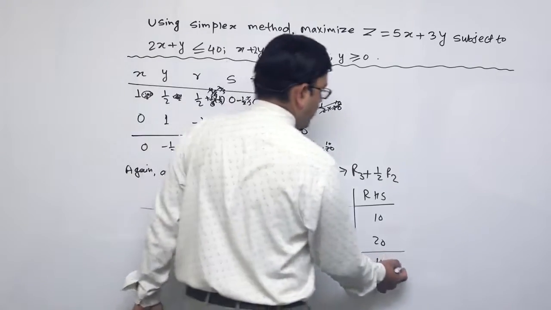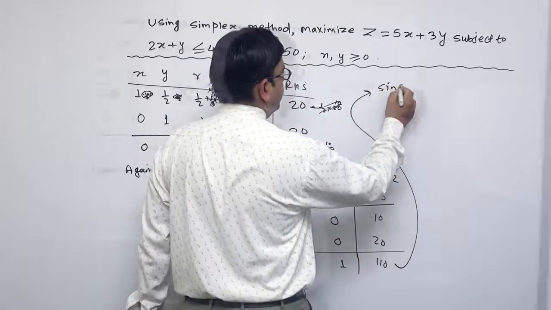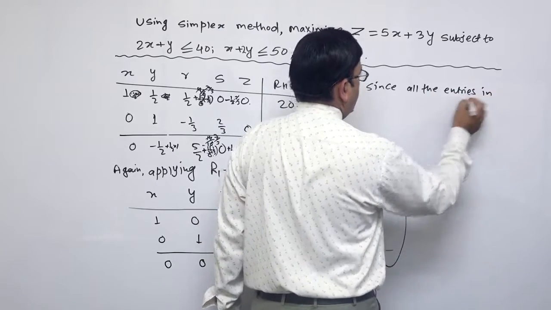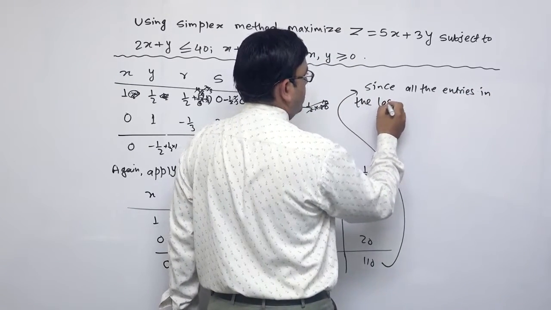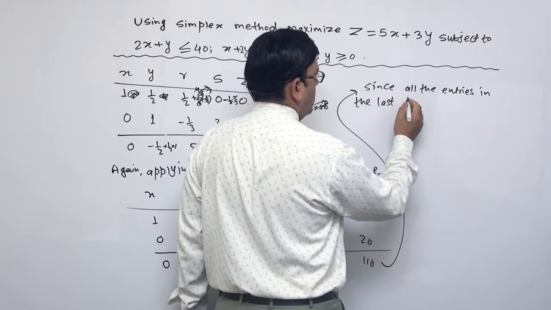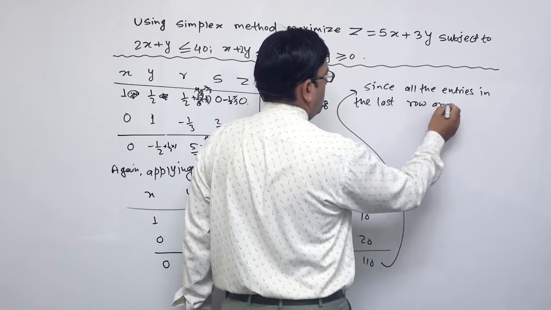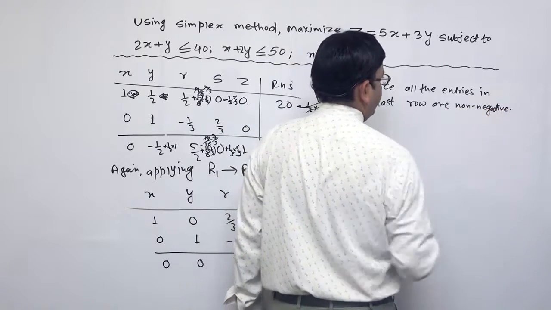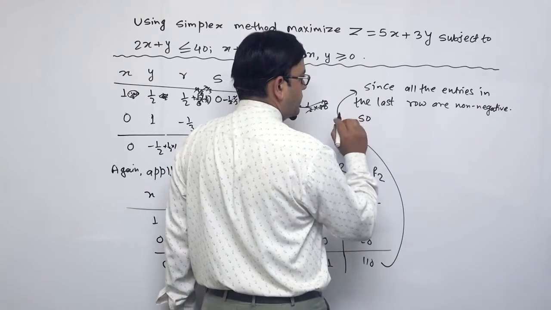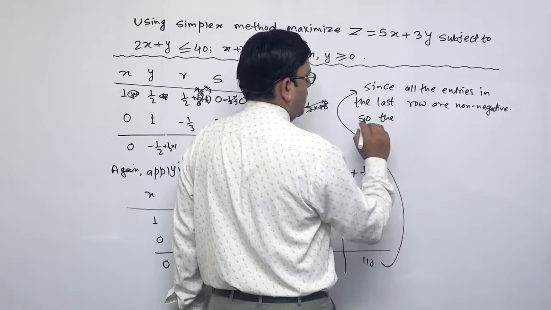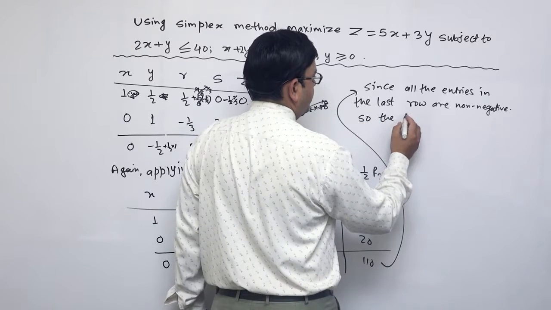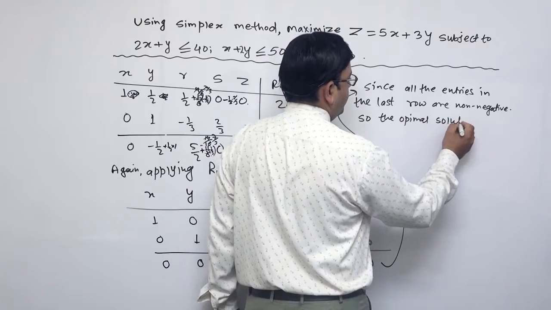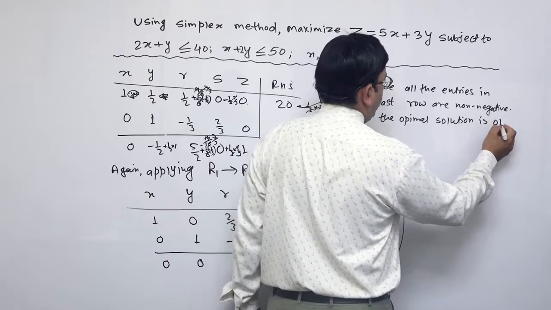Therefore we write: since all the entries in the last row are non-negative, the optimal solution is obtained.